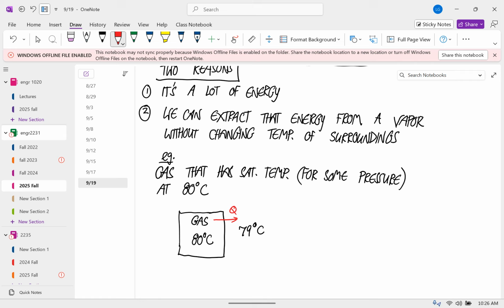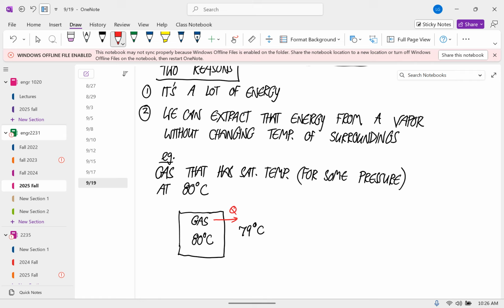The thing is, if you are not at the saturation point, letting heat transfer from your system to your surroundings would make the temperature go down. So after a small amount of heat transferred, this would get to 79.1 degrees Celsius or whatever.